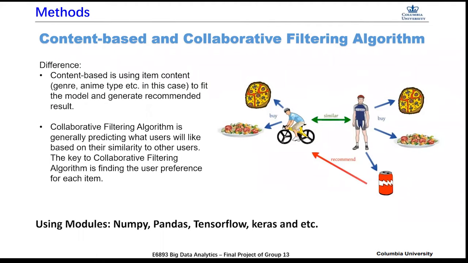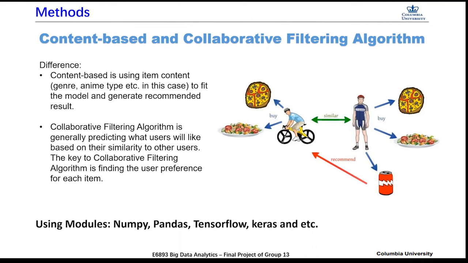Now, let's talk about how we approach the anime recommendation system. We use two different algorithms, content-based and collaborative filtering. What is the difference between them? Content-based uses the item content itself, like genre, anime type, or other features, to feed the model and generate recommended results. The collaborative filtering algorithm generally predicts what users will like based on their similarity to other users.